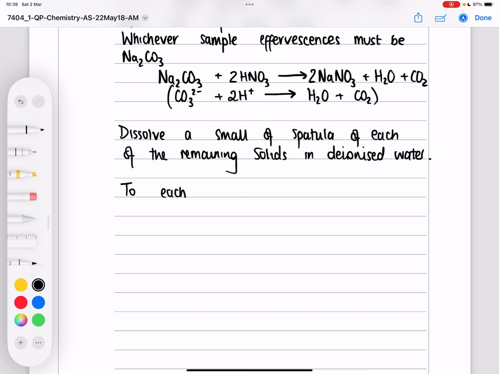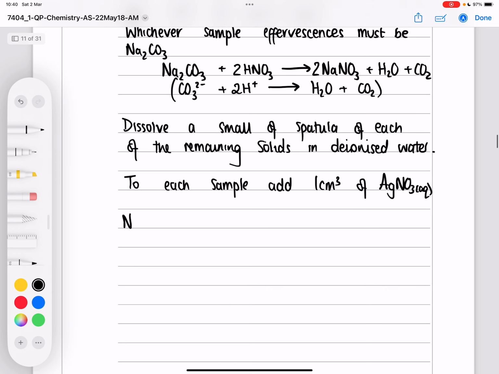To each sample, add a small amount, so 1 centimetre cubed of silver nitrate solution, so aqueous silver nitrate. NaCl will give a white precipitate.